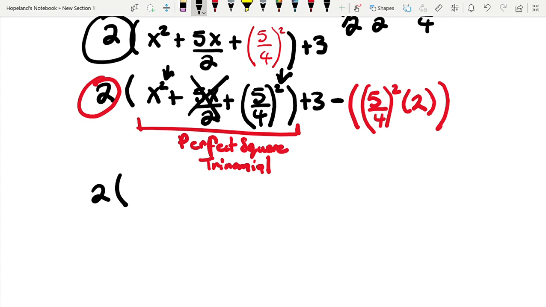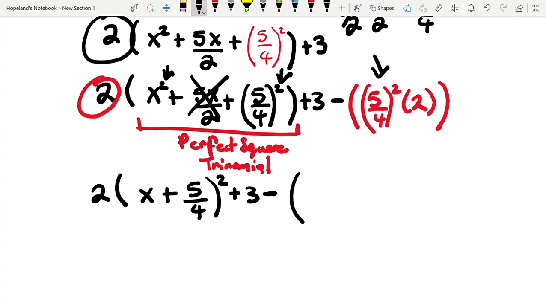So you'll be left with 2 in parentheses, x plus 5 over 4 all squared, plus 3 minus, and then what we want to do over here is simplify. 5 over 4 all squared simplifies to 25 over 16, times 2.